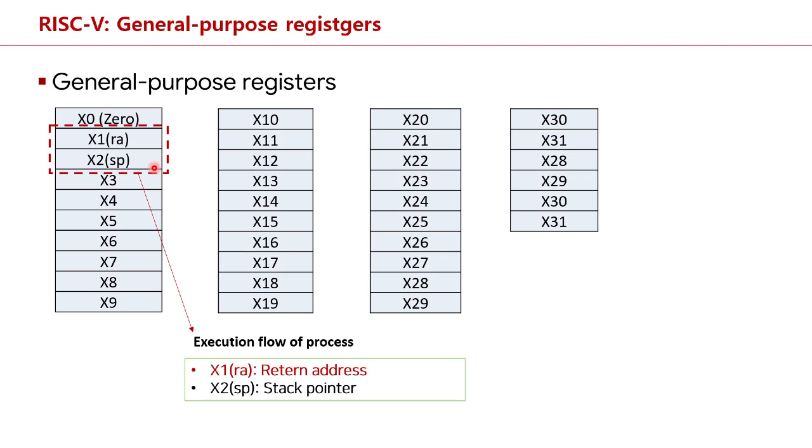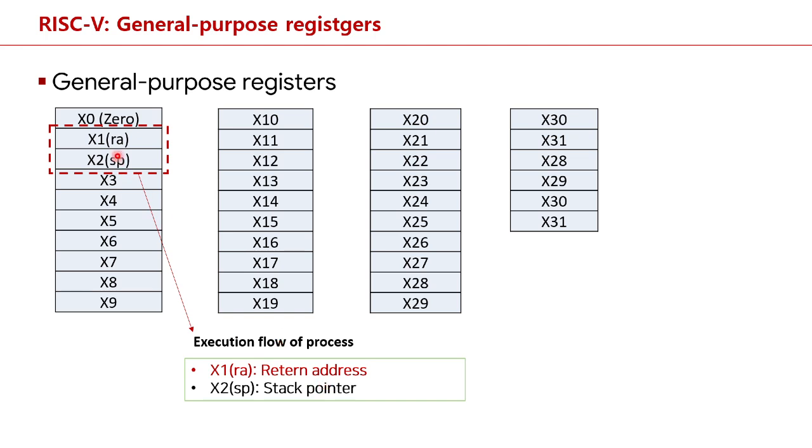Now let's understand the RA and the SP register. These registers are very important because they are used during a function call. The RA register is also called the X1 register. RA means the return address.